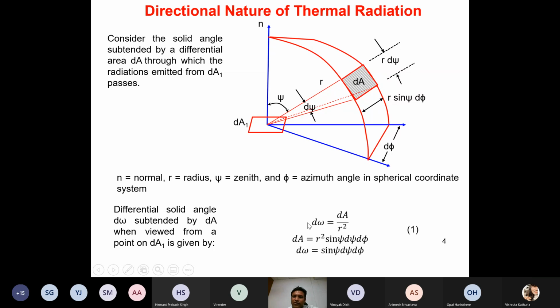So dA we can calculate as this width into this breadth, that becomes r square sine psi d phi d psi, and if you put it in this equation, this r square will get cancelled out. d omega is given as sine psi d phi.